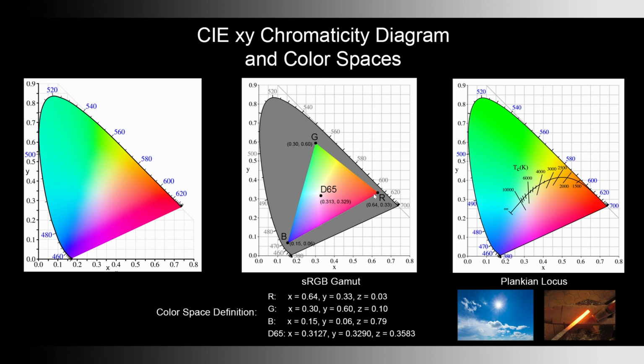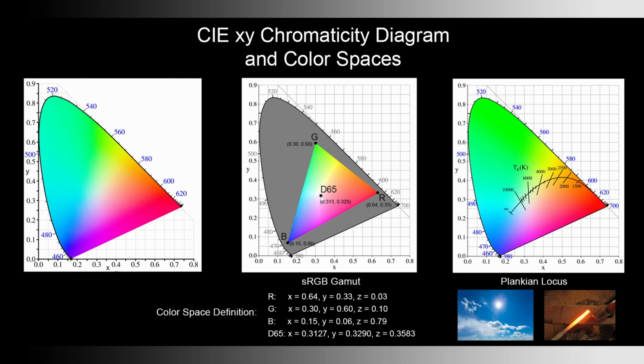Drawing a triangle between those three on this CIE diagram makes what we know as the gamut, and in the middle is the white point. So we often talk about the point where red equals green equals blue, and that's the neutral axis: peak white, mid gray, or completely black. They all fall on the middle axis.